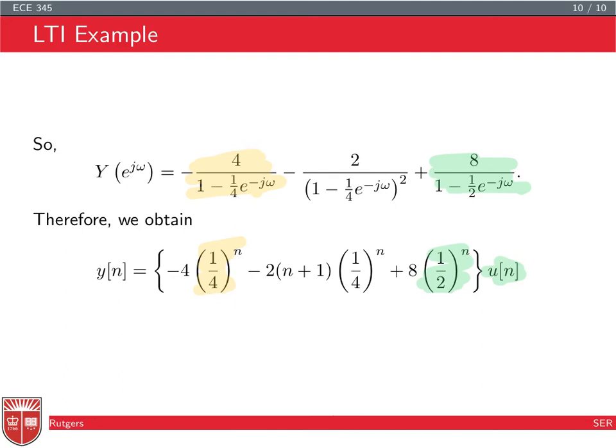What will take a little bit of time to figure out is the term here in red. This looks like the derivative of one of these, because it has a square here. Then you can apply the differentiation formula to get this value.